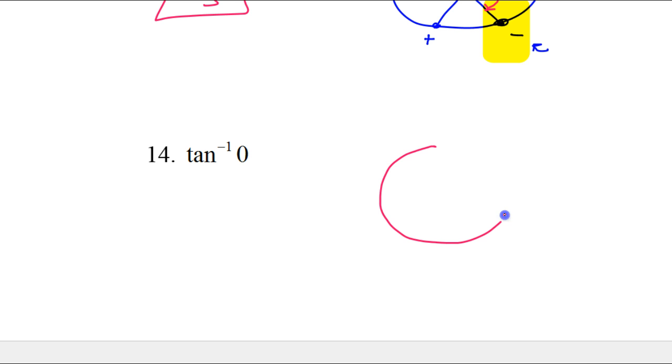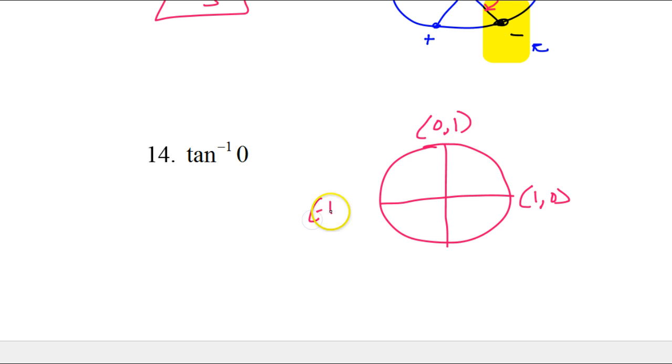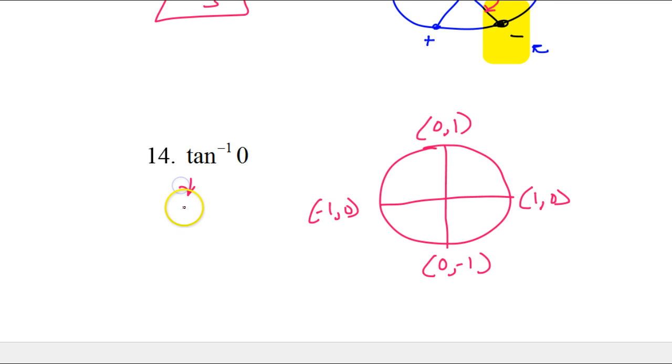So let's go ahead and just do a quick sketch of our little unit circle. Remember, the quadrantal angles go like this. This is 1, 0. This is 0, 1. This is negative 1, 0. And this is 0, negative 1. Now tangent is y over x, sine over cosine.